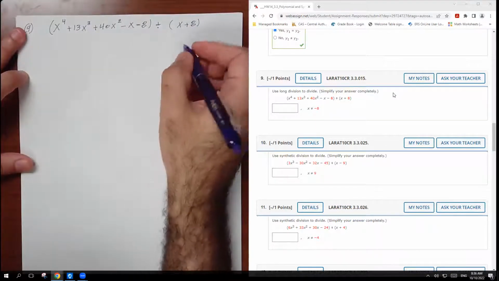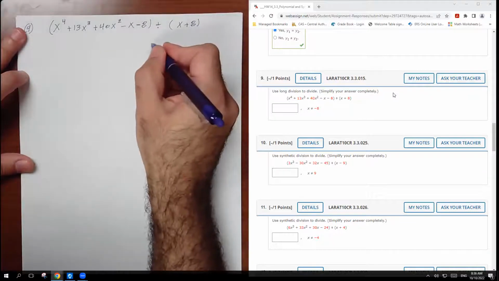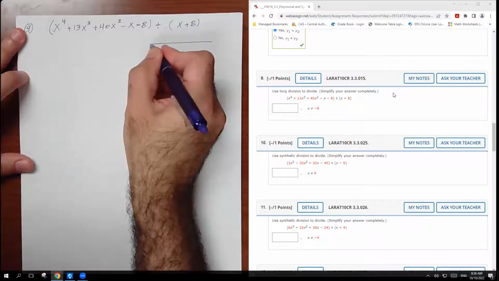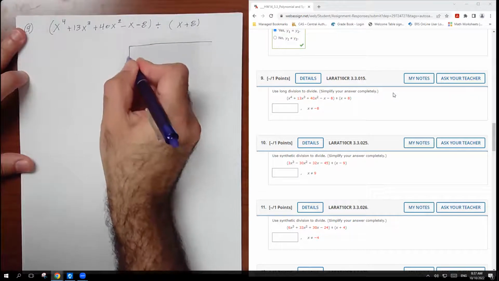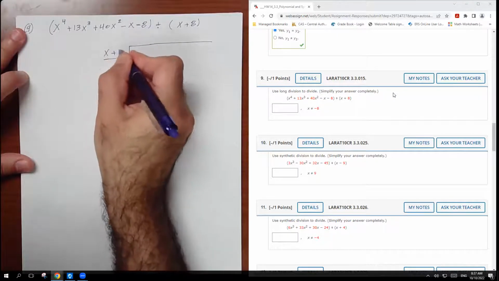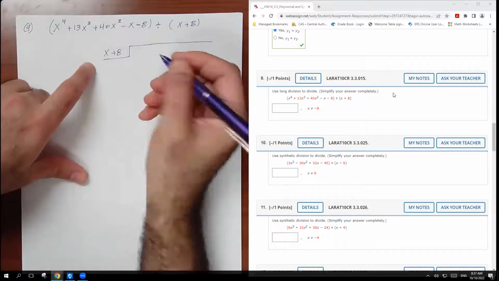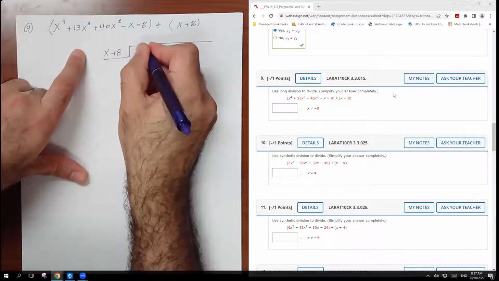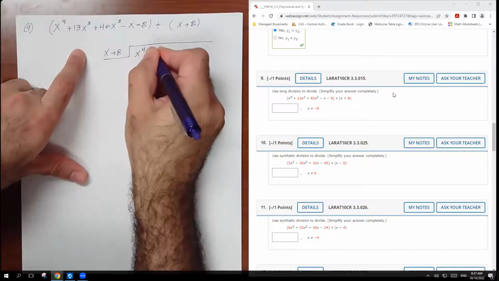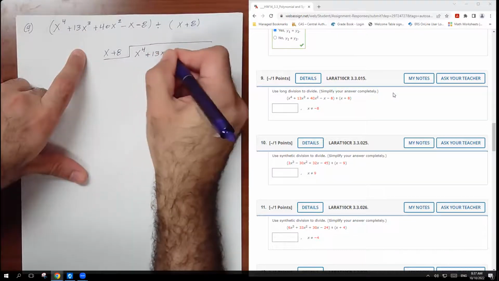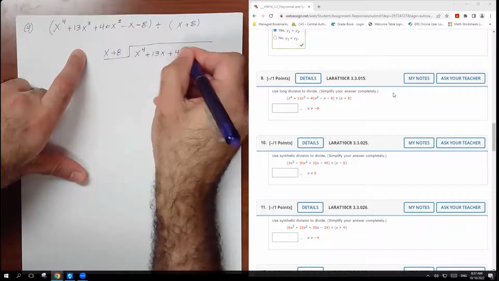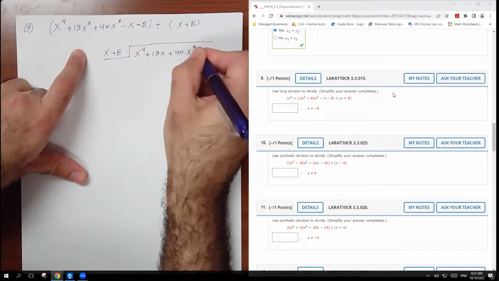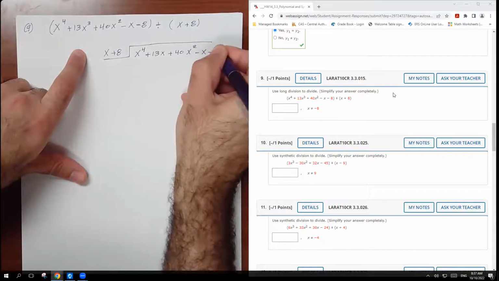So I'm going to start the long division. Here is x plus 8, and on this side is going to be x to the power 4 plus 13x cubed plus 40x squared minus x minus 8.